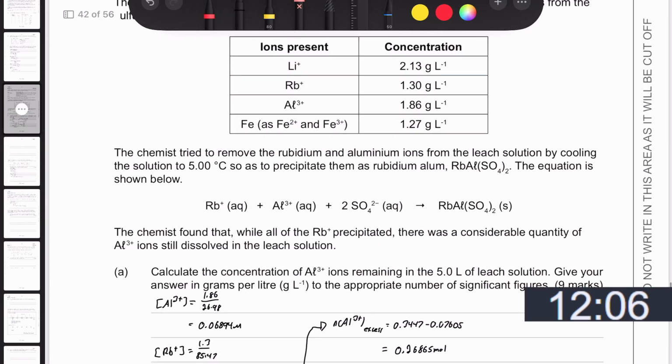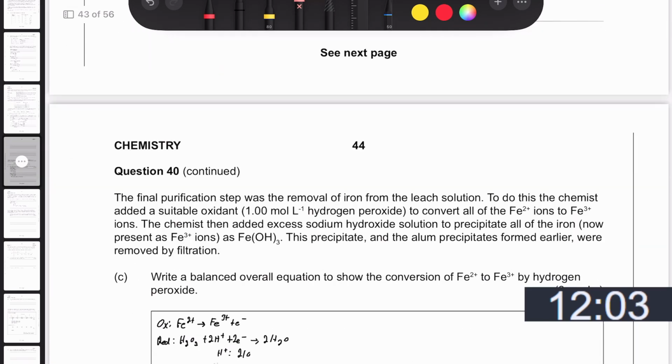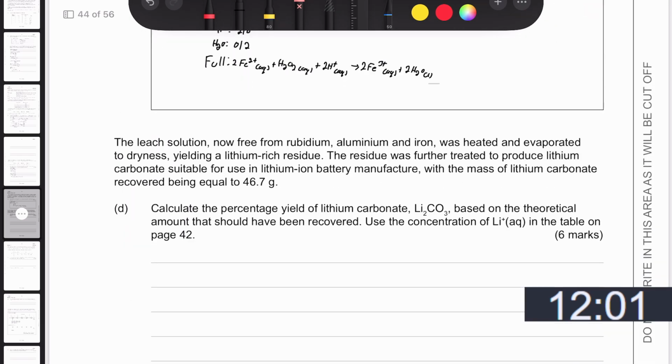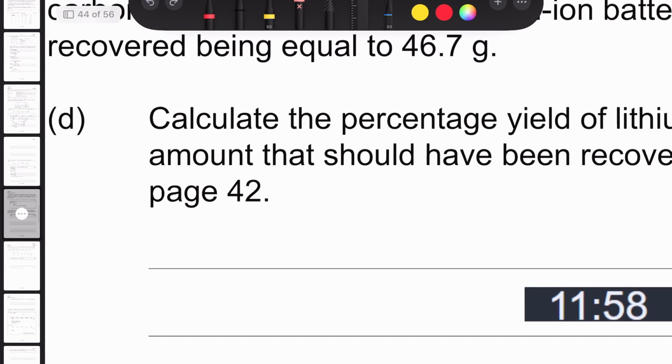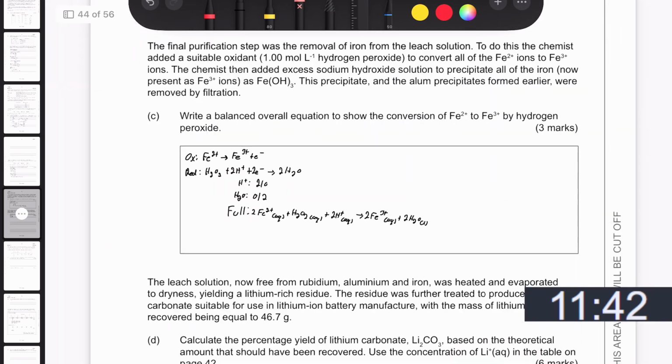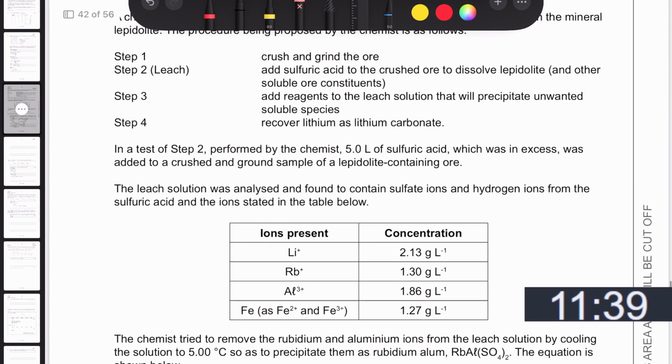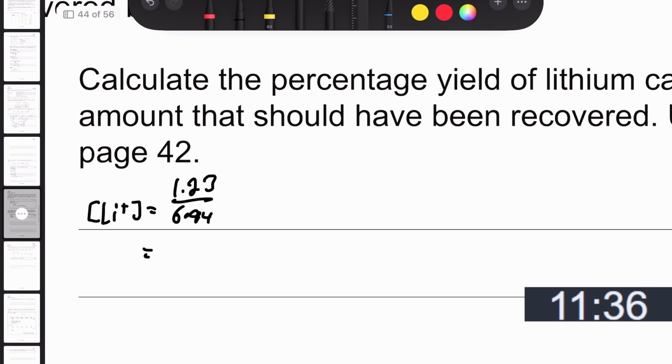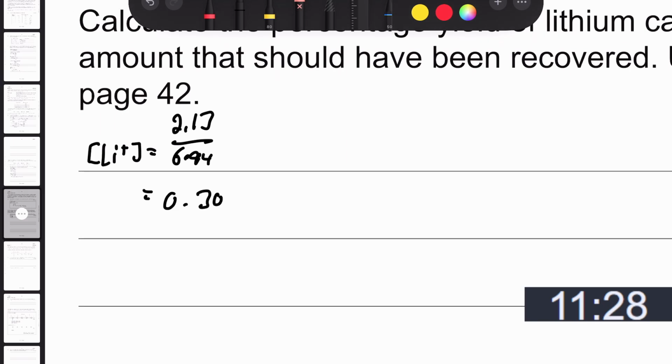So Li+ is 2.13. So then the concentration of lithium, 6.94. So 2.13 over 6.94 is 0.3069 moles.